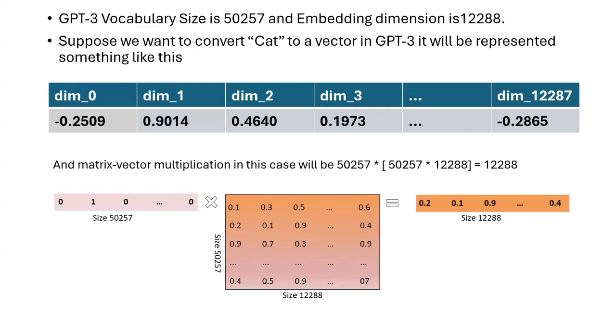You have a one hot vector with 50,257 values. One position is for cat, so it will have one there, and it multiplies. So we get the cat's embedding value. This is what happens internally.